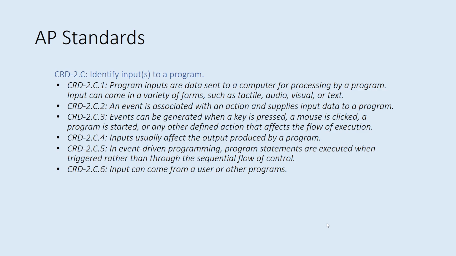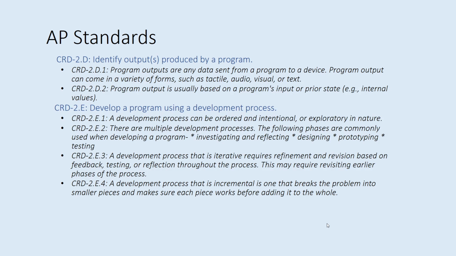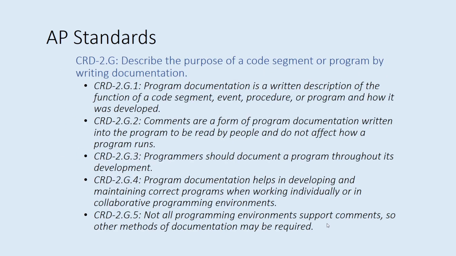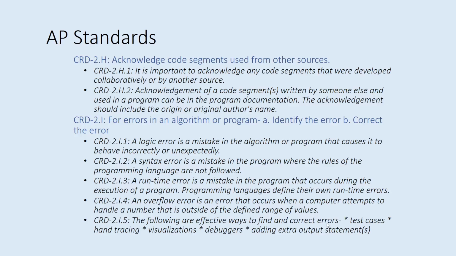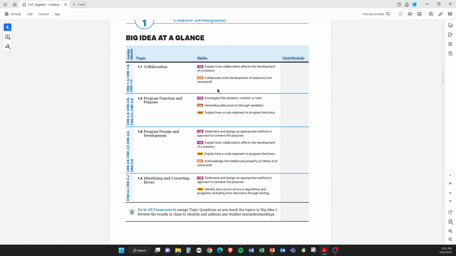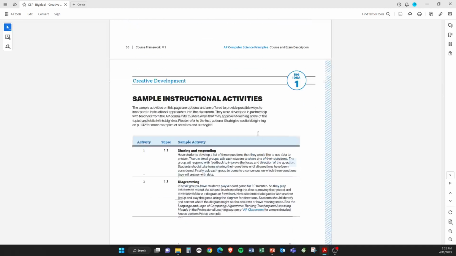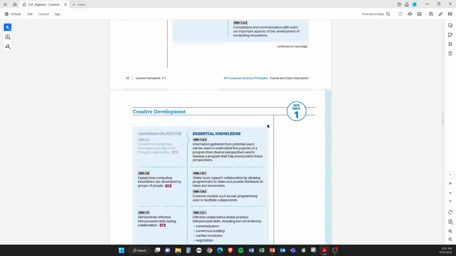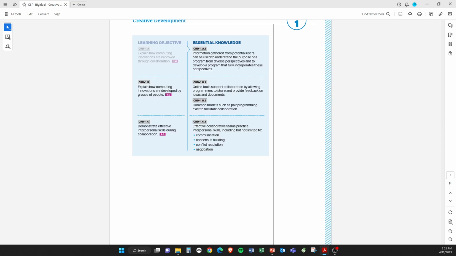This is basically what I've been covering from the Big Idea Guide. You can get these guides from the College Board site. It contains all of those concepts, and they may help you study as well.